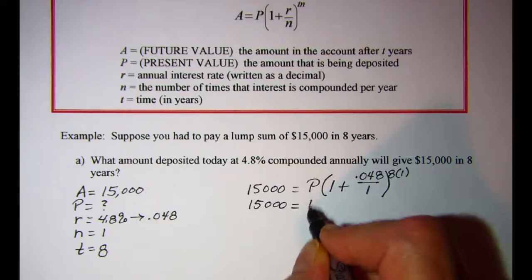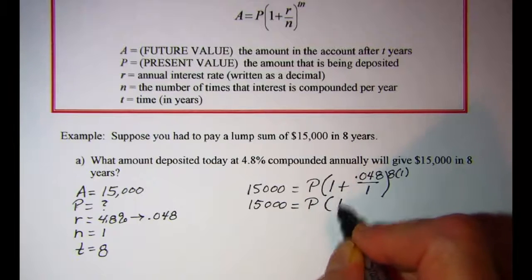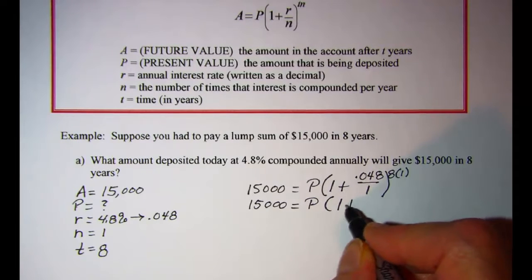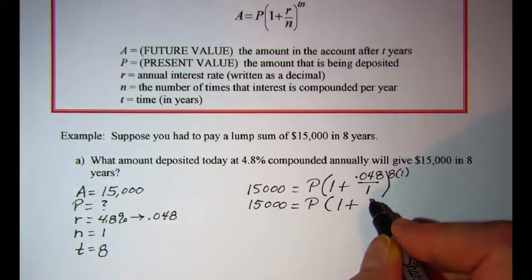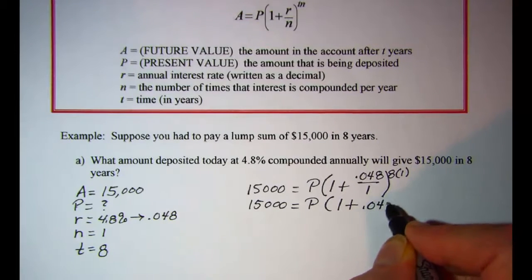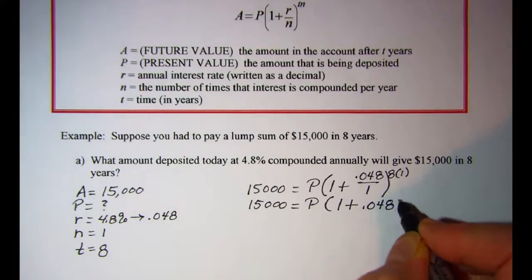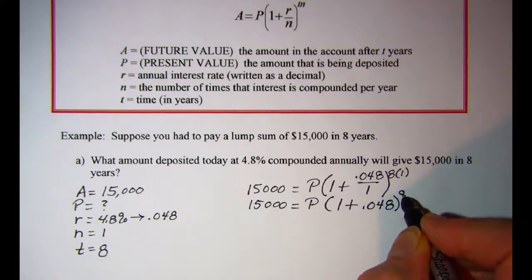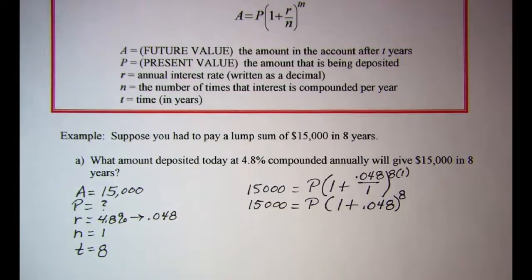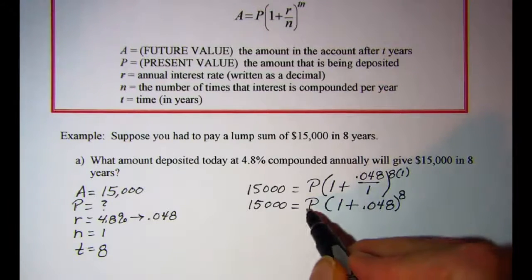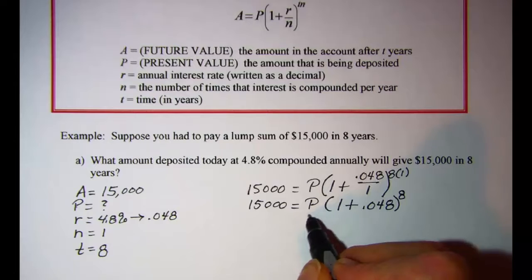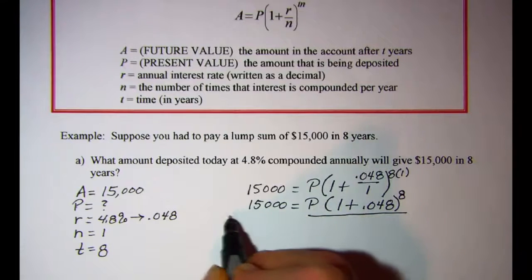Let's go ahead and write it without those. I still need that one, but 0.048 divided by 1 is just 0.048. And then that's raised to the 8th power. Since I'm solving for P, I'm going to need to divide both sides.